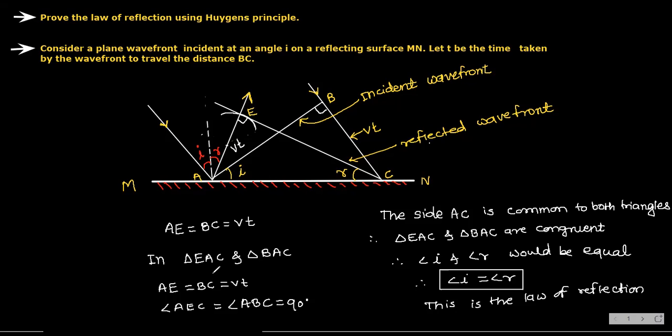So therefore you have to show that triangle EAC and triangle BAC are congruent, and therefore angle I is equal to angle R. This is the law of reflection using Huygens principle. Okay, next.